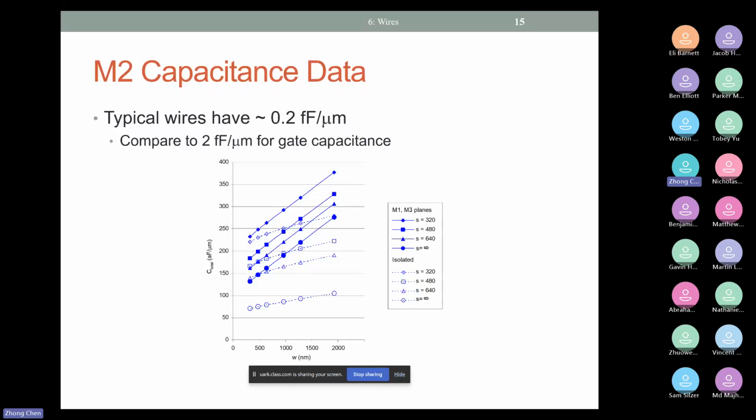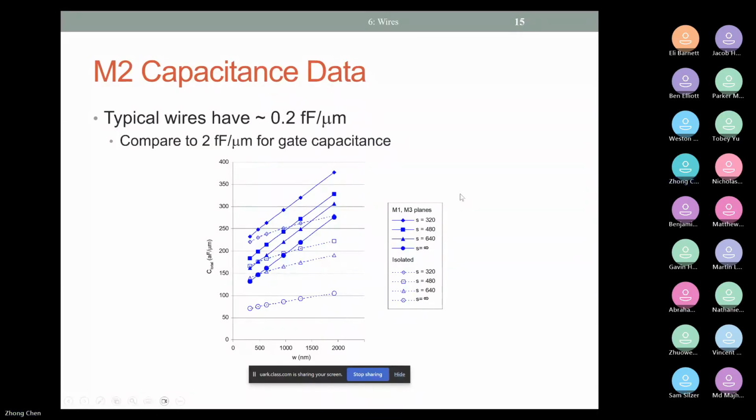So this figure gives you some feeling: you cannot underestimate the capacitance value of those wires, which can happen in real design. It gives you this type of ballpark value to help you understand the parasitic capacitance of wire.